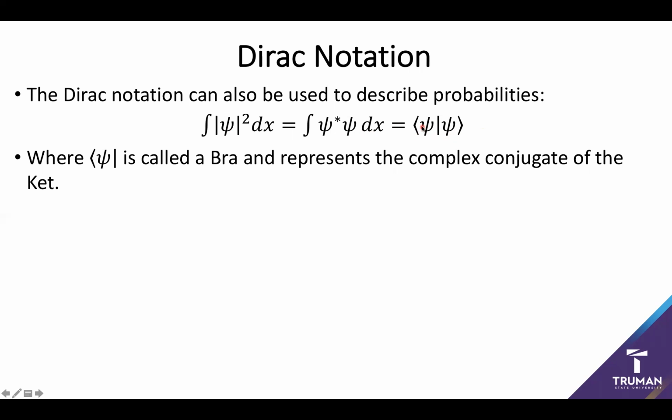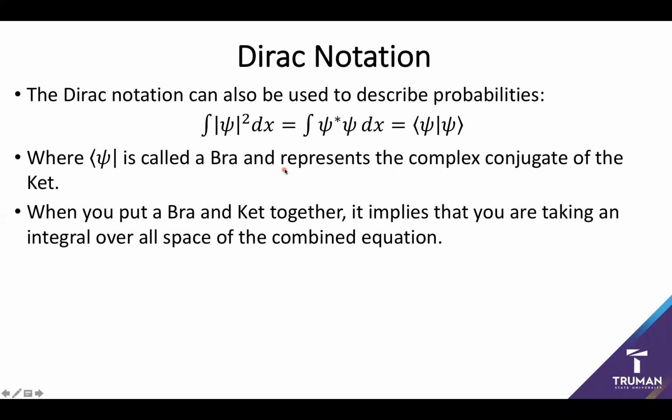If I pair a bra and a ket together, this means I'm taking the integral of the system. It's worth noting that it is implied to take the integral over all space, which can be dependent upon which notation you're working with.